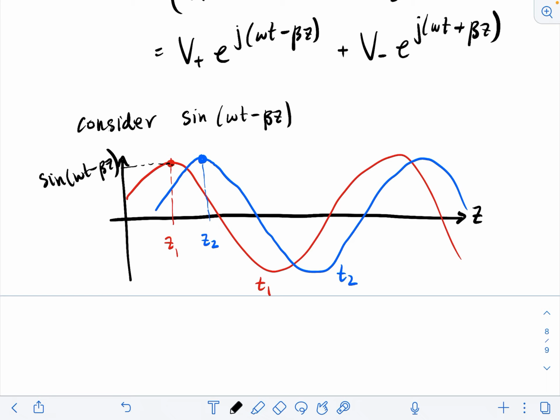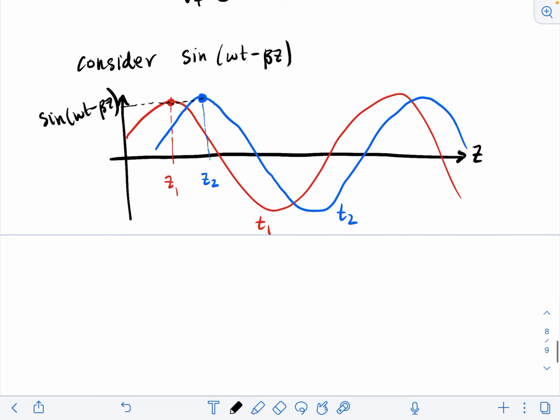And so these two functions are equal to each other if we set t and z equal to t1 and z1 in one of the functions, and t and z equal to t2 and z2. In other words, we must have that sine of omega t1 minus beta z1 is equal to sine of omega t2 minus beta z2.